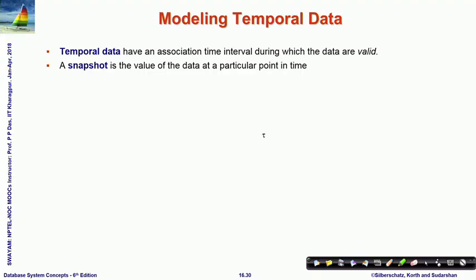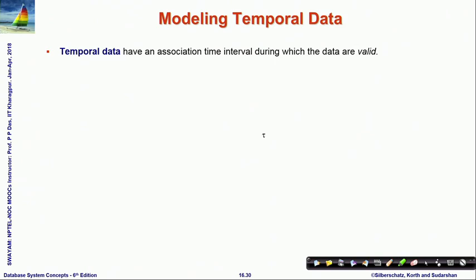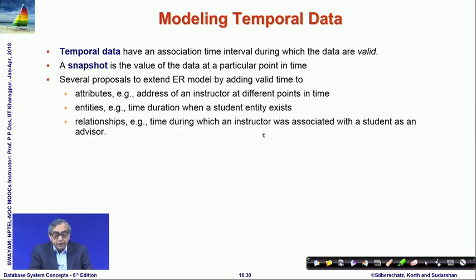So, temporal data of such kind have an association with an interval. So, a snapshot often does not solve the problem. So, you have to decide how you do that, whether you would like to put some attributes which specify the timestamp, or you would like to really have multi-valued attributes denoting the different time frames where they may have taken effect.